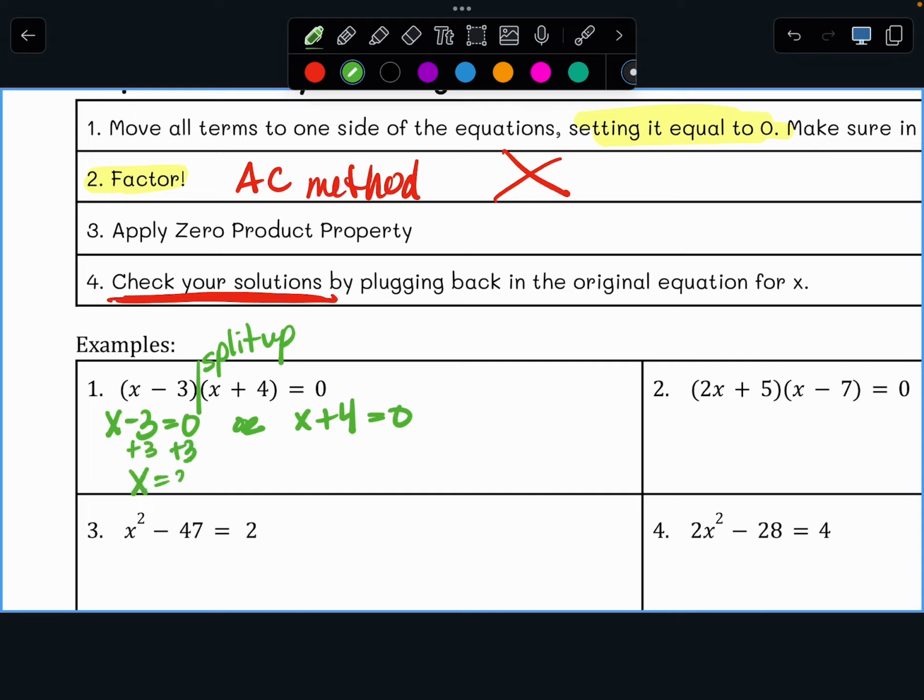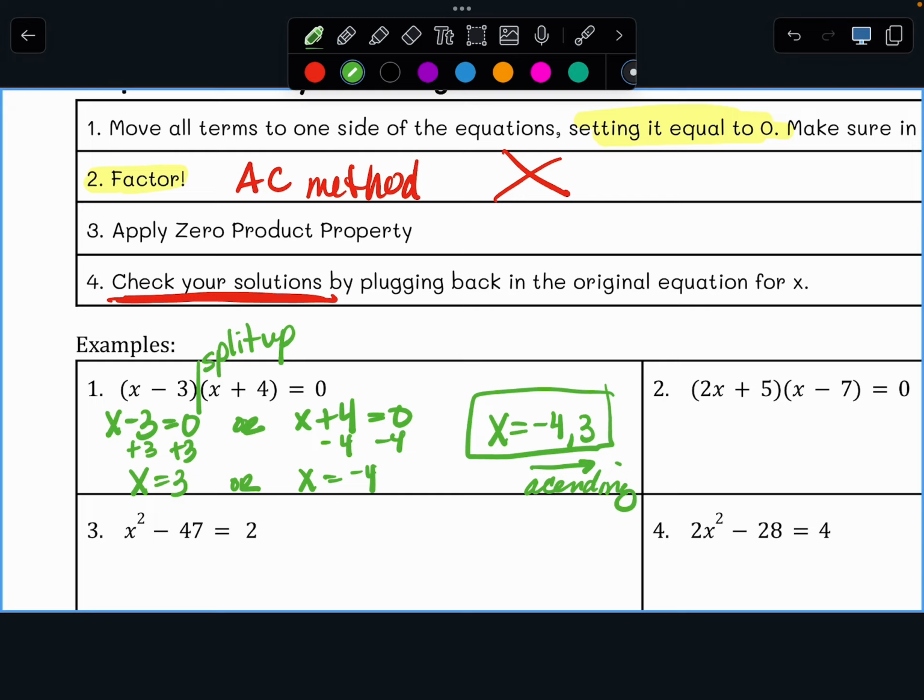So x equals 3, or when I subtract 4, x equals negative 4. So the way we write the answer is x equals negative 4, 3. Notice that it's in ascending order, and that we have a comma between them, like x can be either one of those answers.